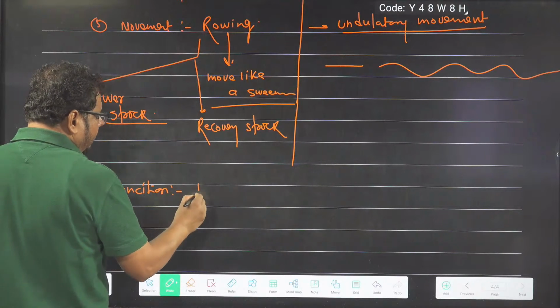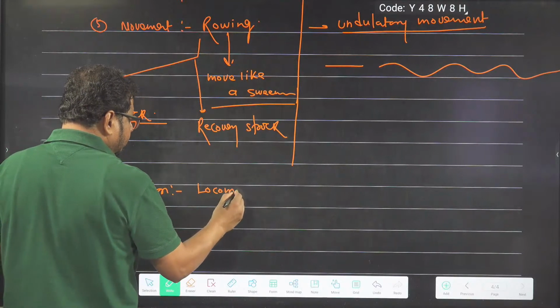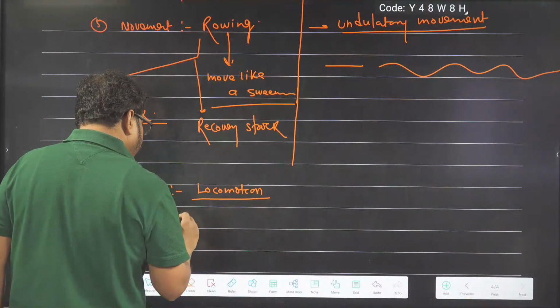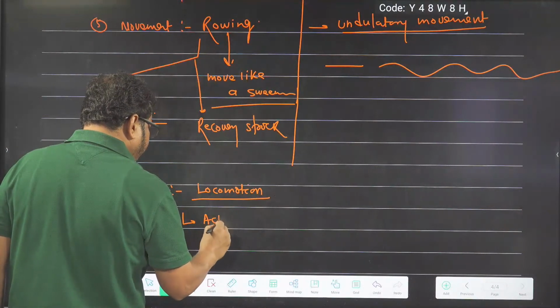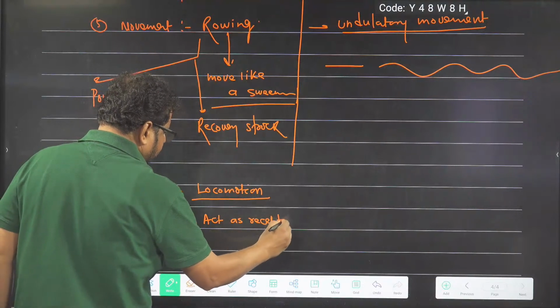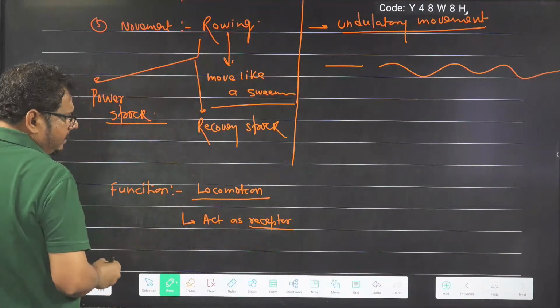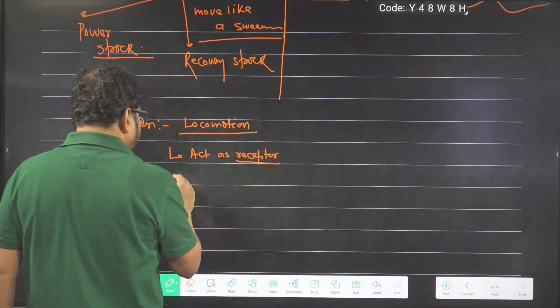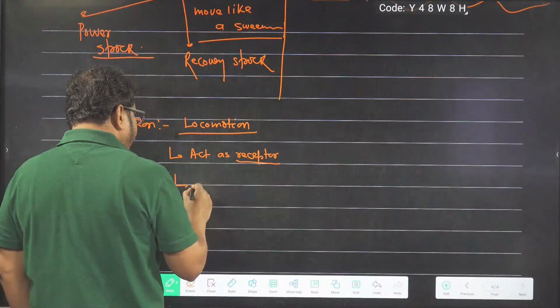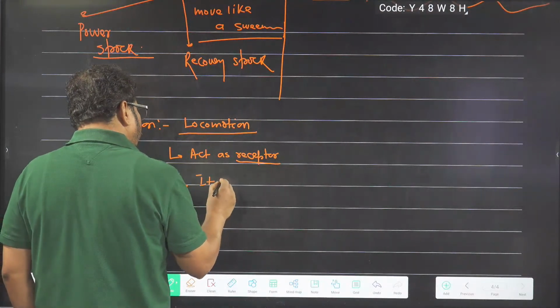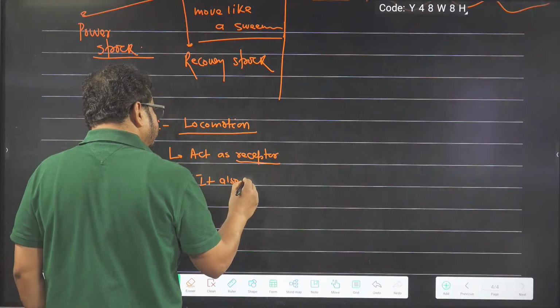So one function is locomotion. Another function is to act as a receptor. Getting the things or not? It also moves the surrounding fluid.